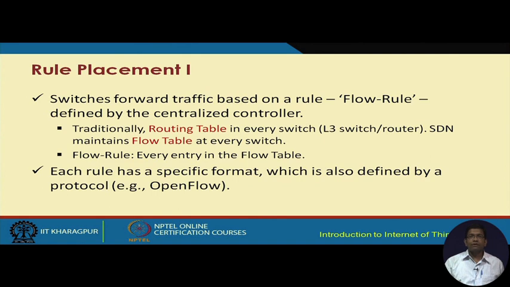The controller takes care of defining the flow rules, which determine what is going to be done with the streams of packets arriving at these switches. We are going to talk about that in further detail in a short while.